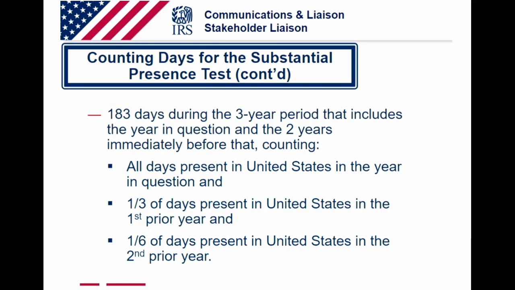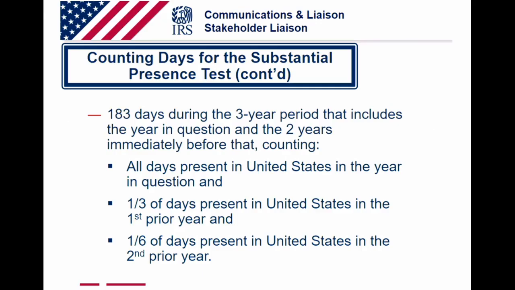For example, you are physically present in the United States on 150 days in each of the years 2022, 2023, and 2024. To determine if you meet the substantial presence test for 2024, count the full 150 days of presence in 2024, 50 days in 2023, which is 1/3 of 150, and 25 days in 2022, which is 1/6 of 150.